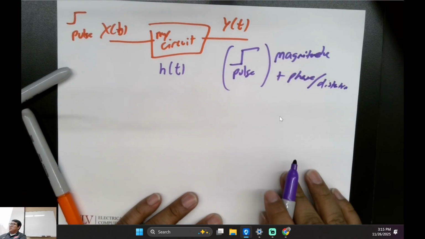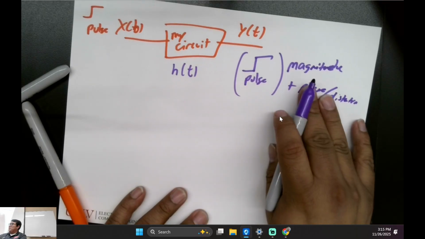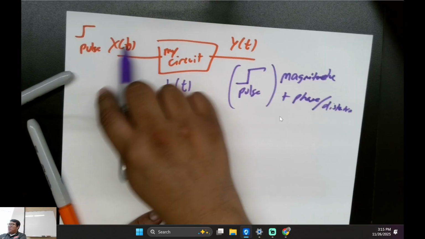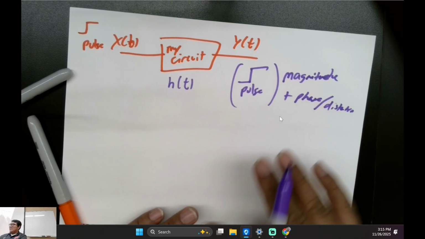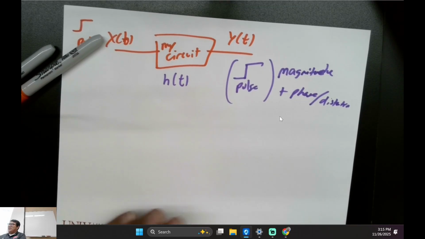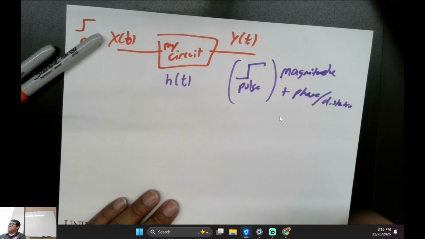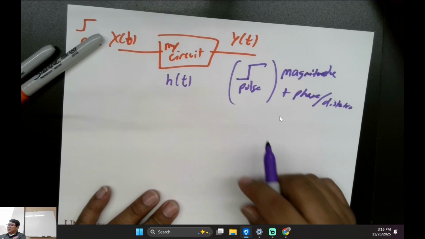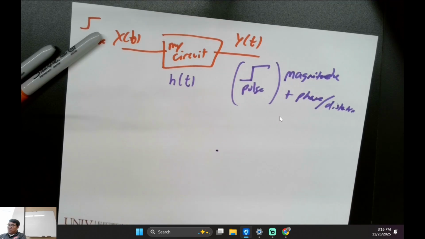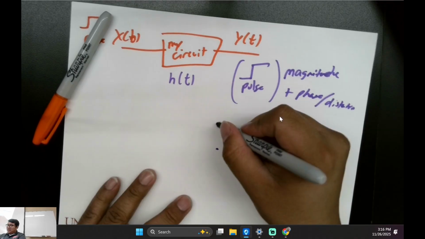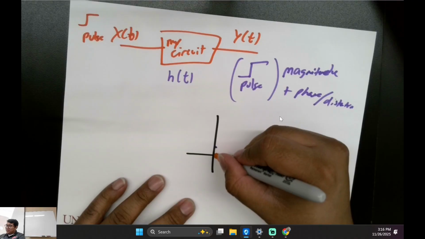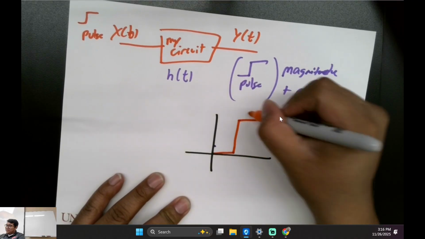So this is the general gist of how AC analysis is going to work. You throw a pulse in, and the magnitude is going to go up or down, and it's going to be delayed by some function, or the frequencies are going to be delayed. So the square might come out like this. Here's our signal coming in, that's our V in.